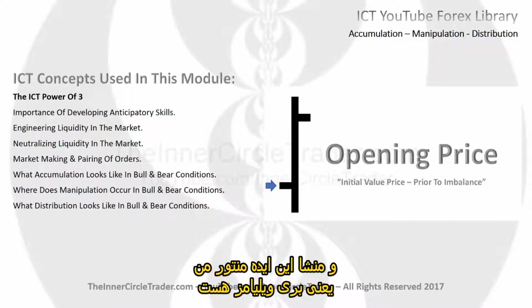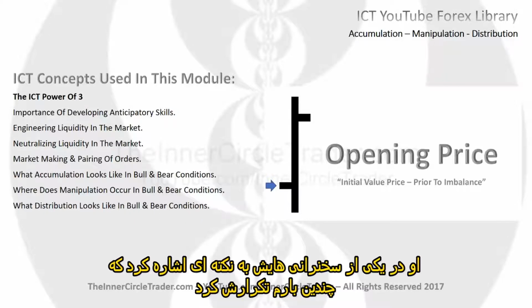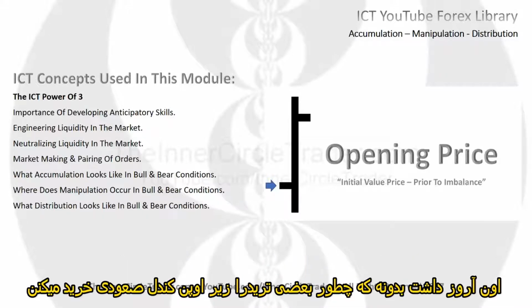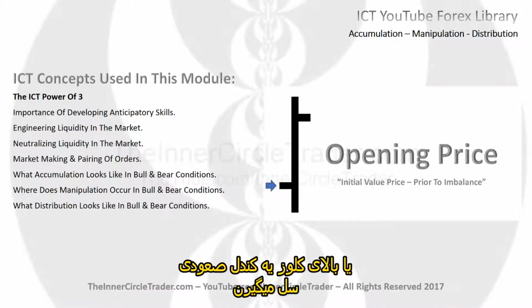And the origination behind this idea was inspired by my mentor, Larry Williams. He made a point in one of his lectures that he ended up repeating several times over a number of years, remarking that he wished he knew who the traders were that could be buying below the open or selling above the close on bullish or up close days.